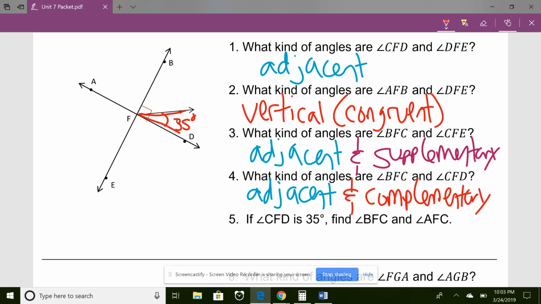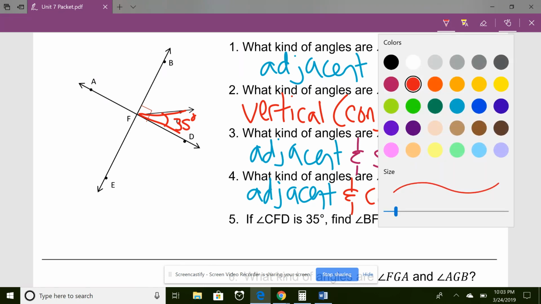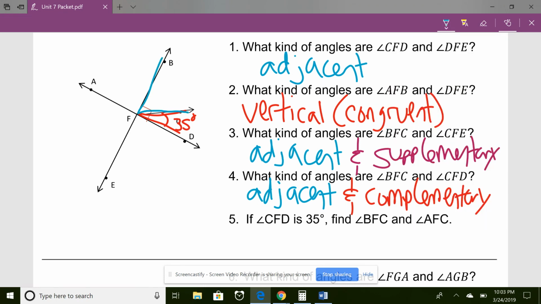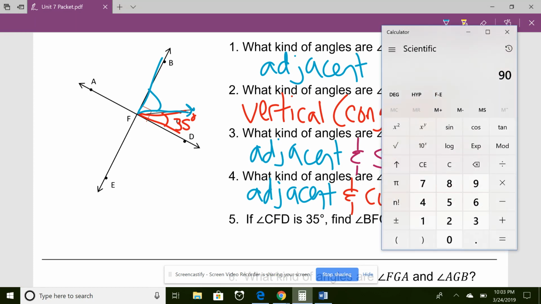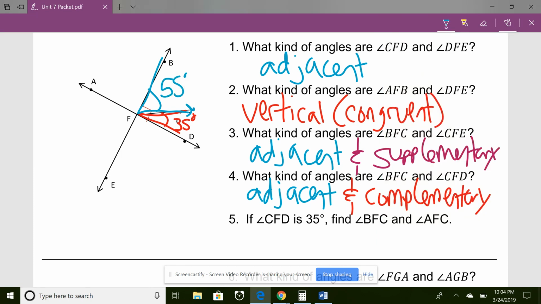Okay, BFC, how's that going to relate to it? So BFC is this angle right here. We just said before that these two angles are complementary. So complementary add up to 90. So all I'm going to do to figure it out is 90 minus 35, which is 55 degrees.